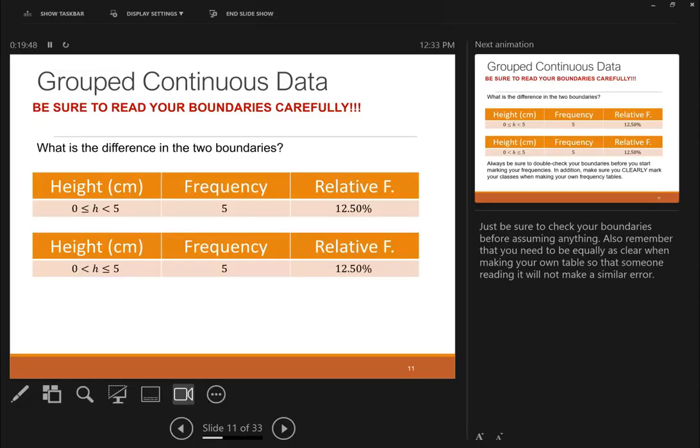What's the difference between these two groupings? The first group contains 0, but not 5. The second grouping contains 5, but not 0. So they are different. You have to pay attention to the inequalities at the ends. That matters. Again, just pointing out the details here. Everybody's cool?